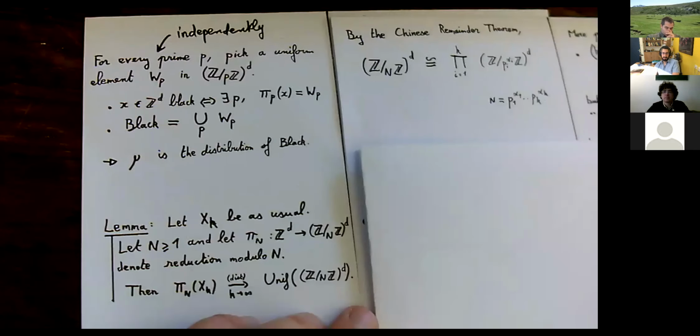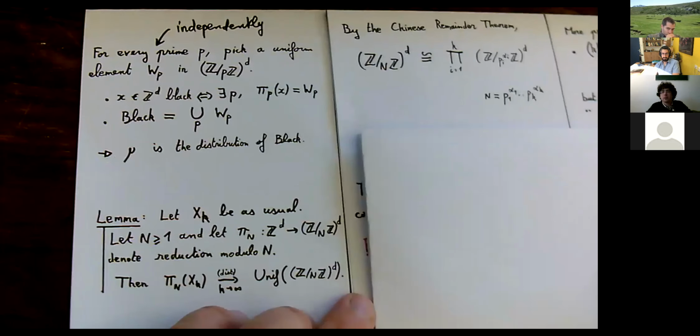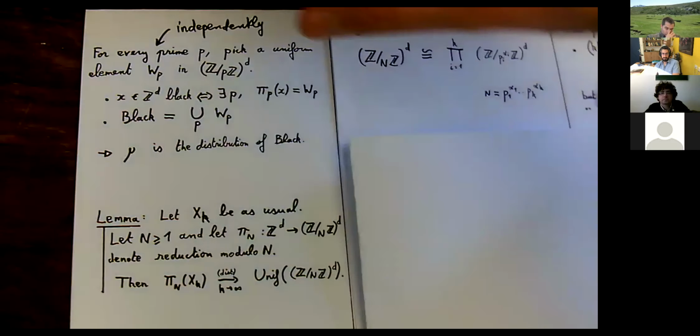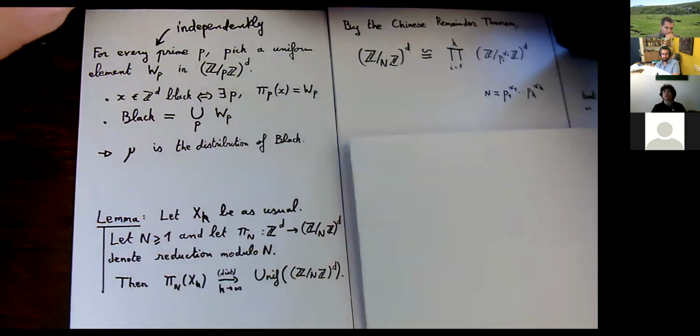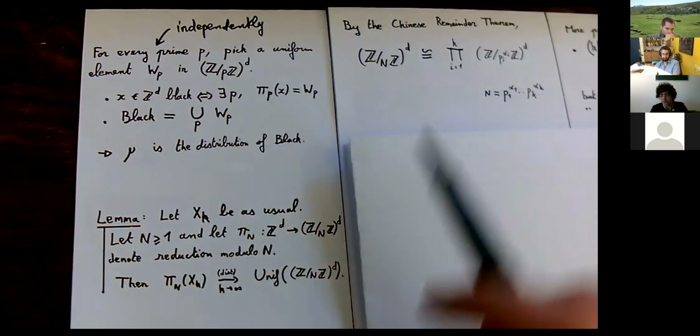Now, by the Chinese remainder theorem, Z mod n to the D is isomorphic to the product of Z mod p_i to the alpha_i to the D, where I have factorized n by writing it p1 to the alpha 1 up to pk to the alpha k. So here we have some uniform probability measure on Z mod n to the D, which is isomorphic to this product.